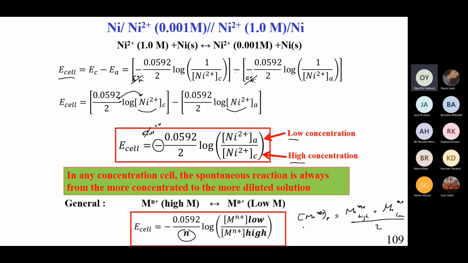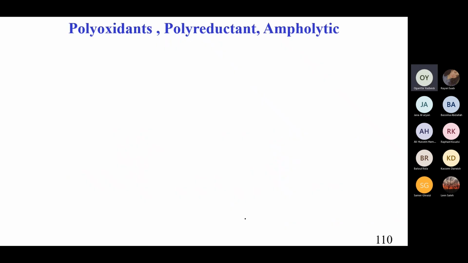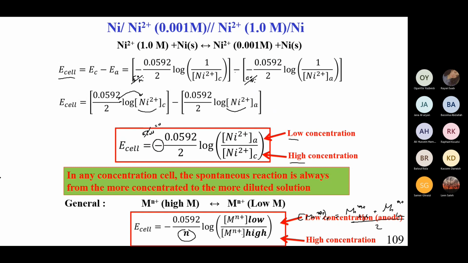That's the overall manganese at equilibrium. A useful general equation to use whenever you have concentration cells. Okay, the next section. Any questions first on concentration cells? Any questions?